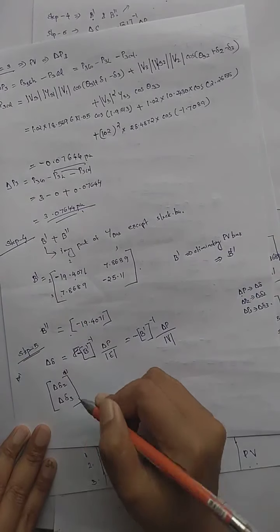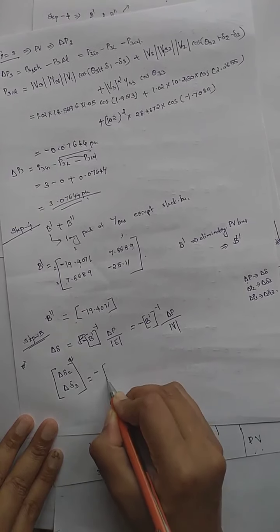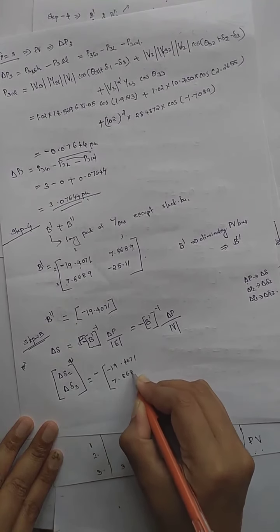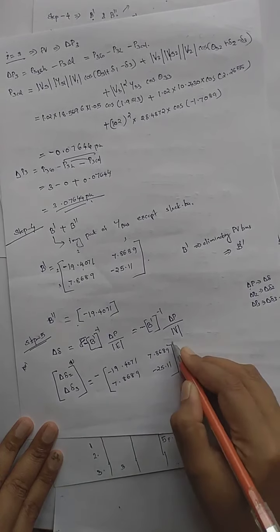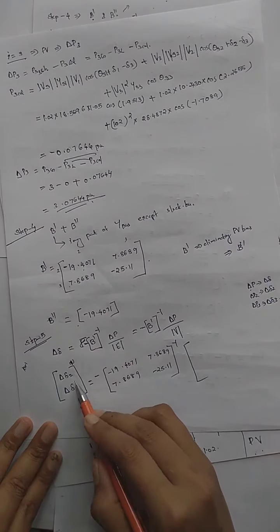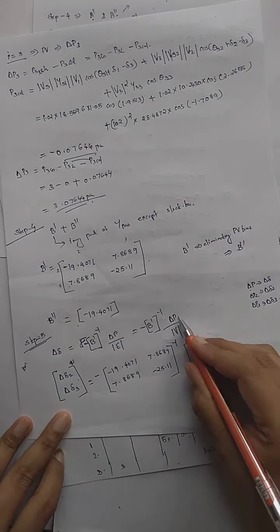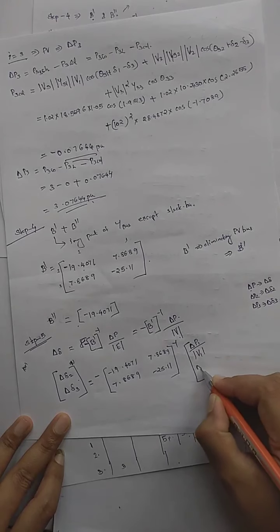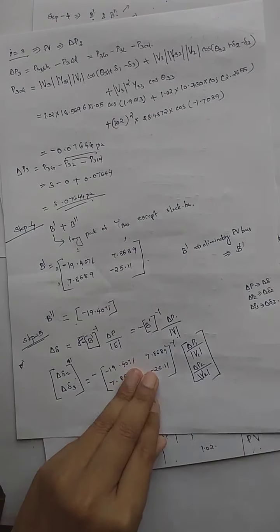Then delta delta is equal to minus B dash inverse, where B dash matrix is 19.4071, 7.8689, 7.8689, minus 25.11, into delta P by V. Here this is a 2 by 2 matrix, so delta P by V should be a 2 by 1 matrix: delta P1 by V1 and delta P2 by V2. I hope you understood how I have written the same equation.